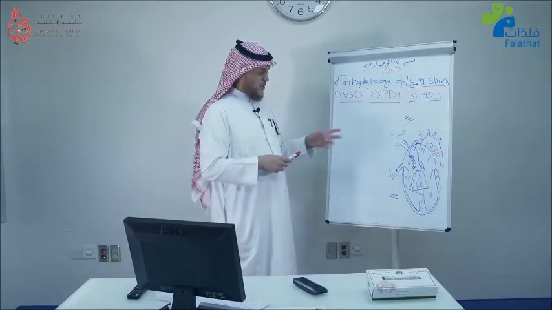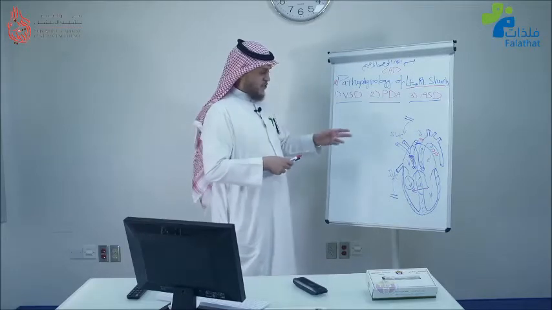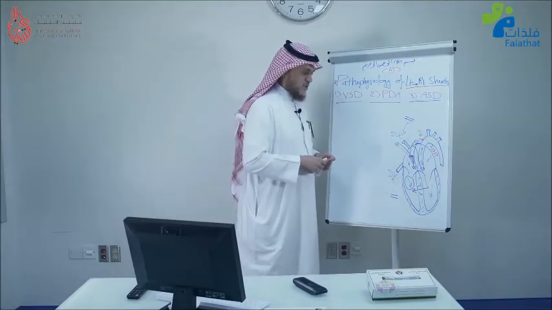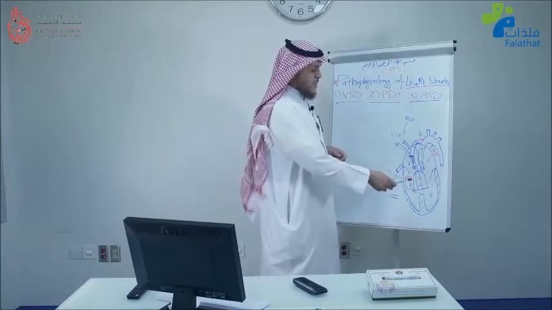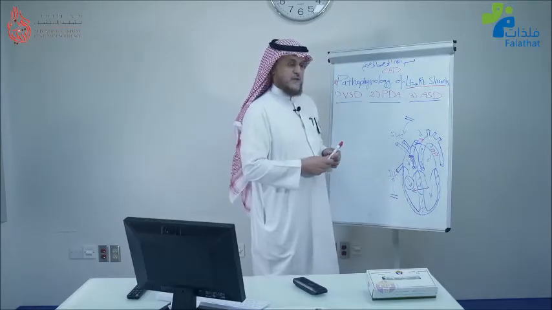The only way we know is we calculate the shunt and calculate the O2 content, and then we know how much oxygen they have on the right side or on the left side, but that's beyond the talk today. So they will have no sign of cyanosis.